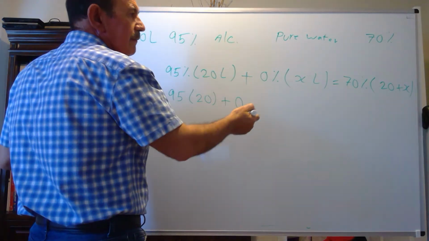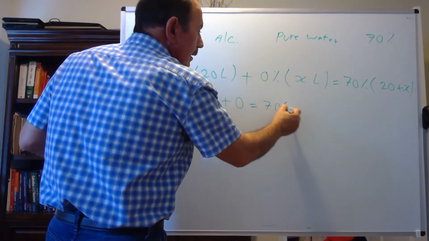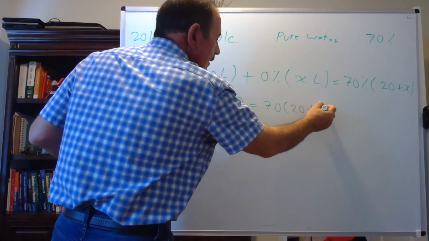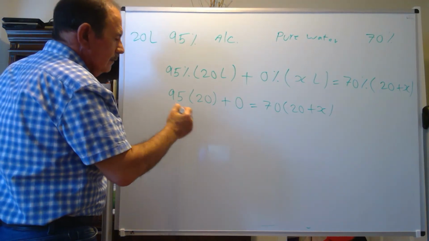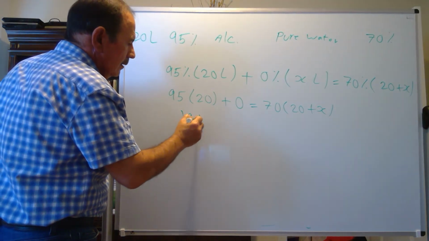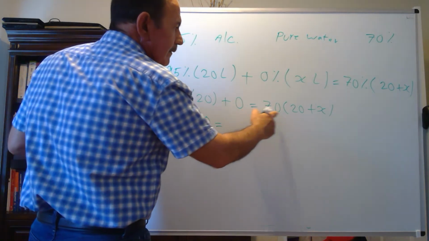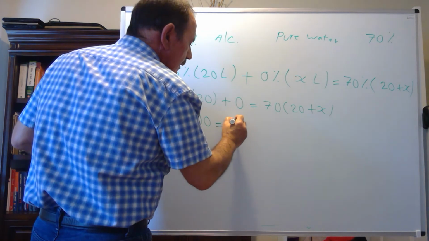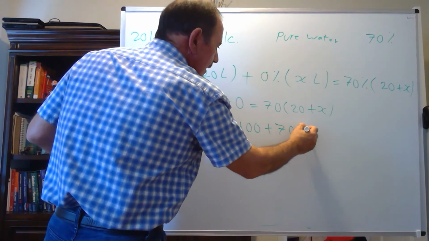It's equal to 70 times 20 plus X. 95 times 20 is 1900, equal to 70 times 20 which is 1400, plus 70x.